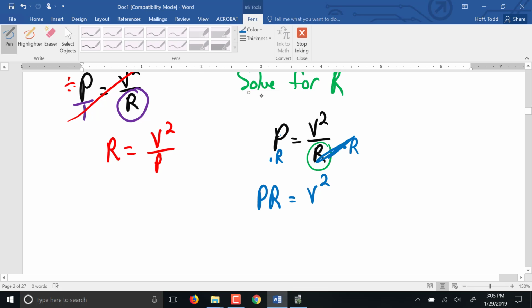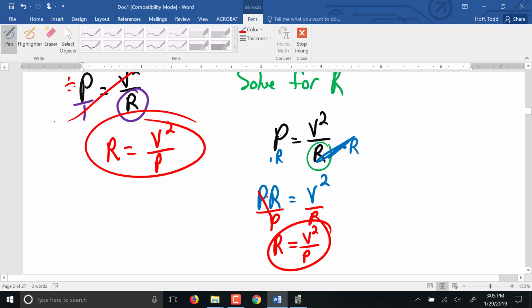And we still have to get R by itself. It's P times R, so we get rid of the P. So R equals V squared over P. So the same result we got before. A couple of different ways of approaching. There are, I'm sure, other ways you could approach that. Still get the same result.